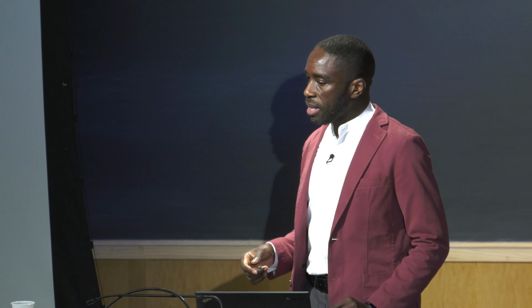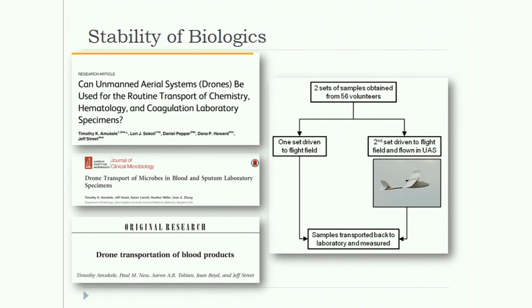Over the last couple of years, we've done 4 of these studies, and I'm showing the first 3. The first study focused on transport of chemistry, hematology, and coag samples. The second focused on the transport of microbes in blood and sputum. And the third focused on blood products.